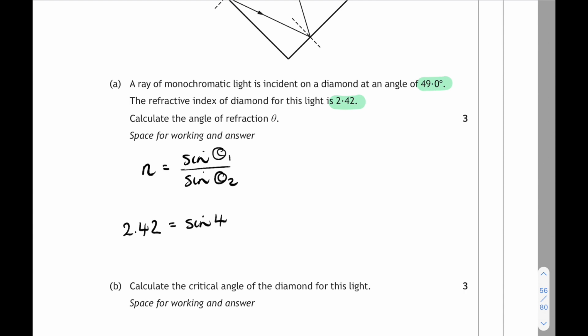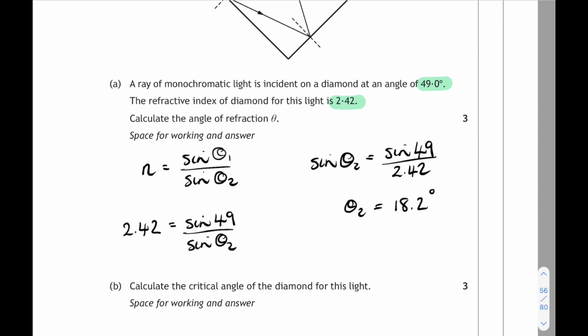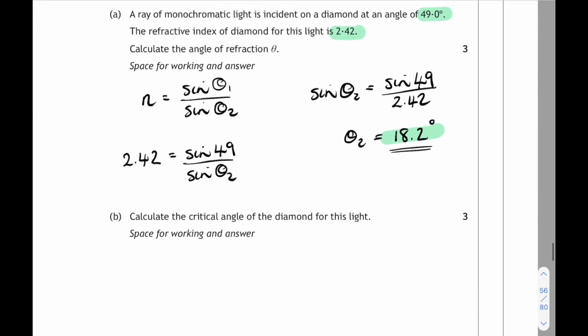Now the advice is to substitute the numbers in first, so 2.42 equals sine 49 over sine theta 2. That will guarantee you the first 2 marks, and then rearrange it for sine theta 2. So it's sine 49 over 2.42, and so theta 2 is equal to 18.2 degrees. That's the angle in the diamond.